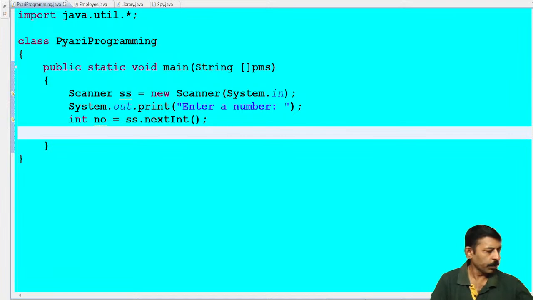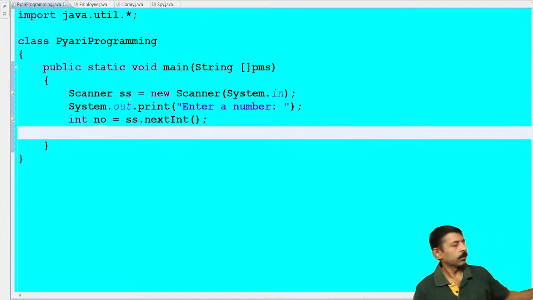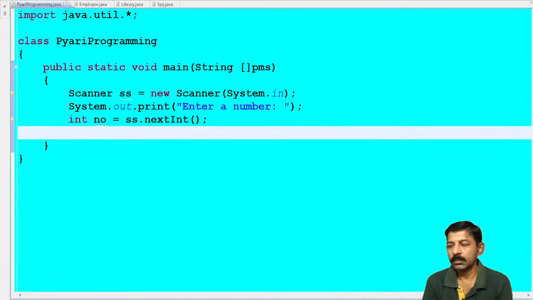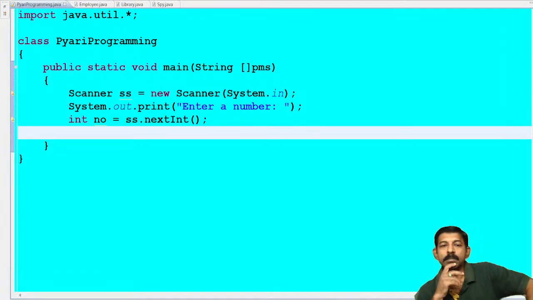Now I'll see about the pre-processing. Yes, got it. Accept part is over. Any pre-processing?